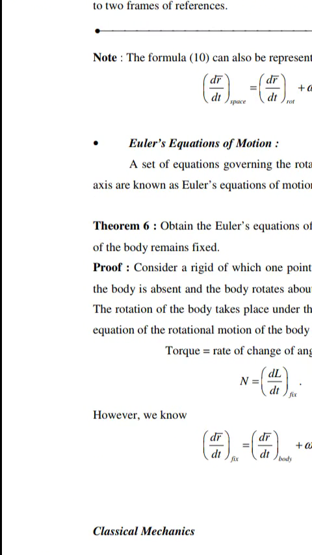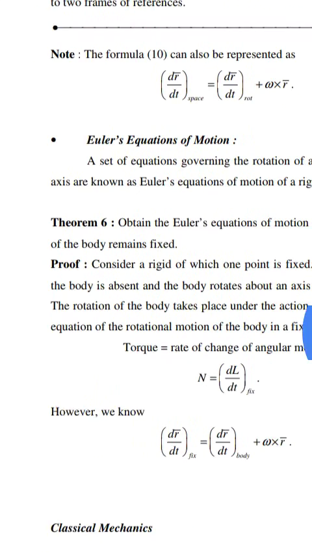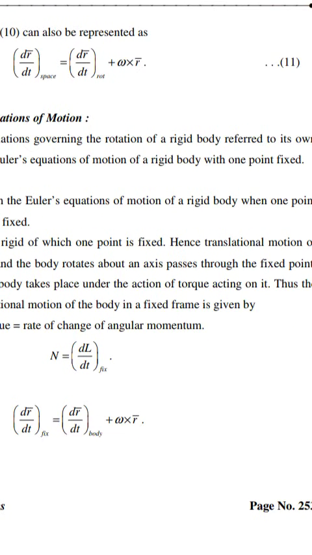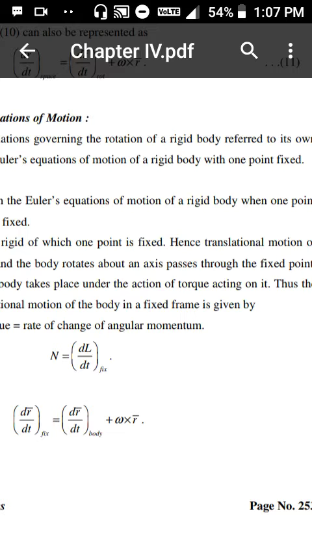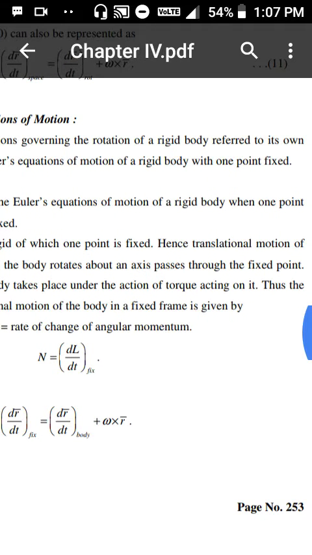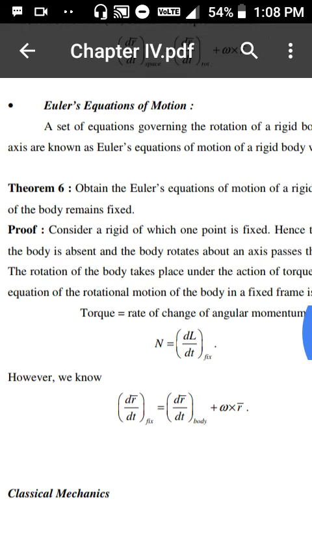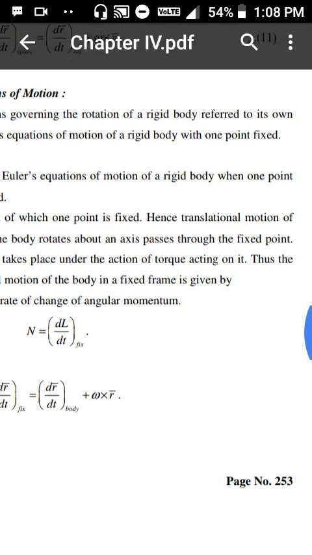Theorem 6. Obtain the Euler's equation of motions of a rigid body when one point of the body remains fixed. Proof. Consider a rigid body of which one point is fixed.